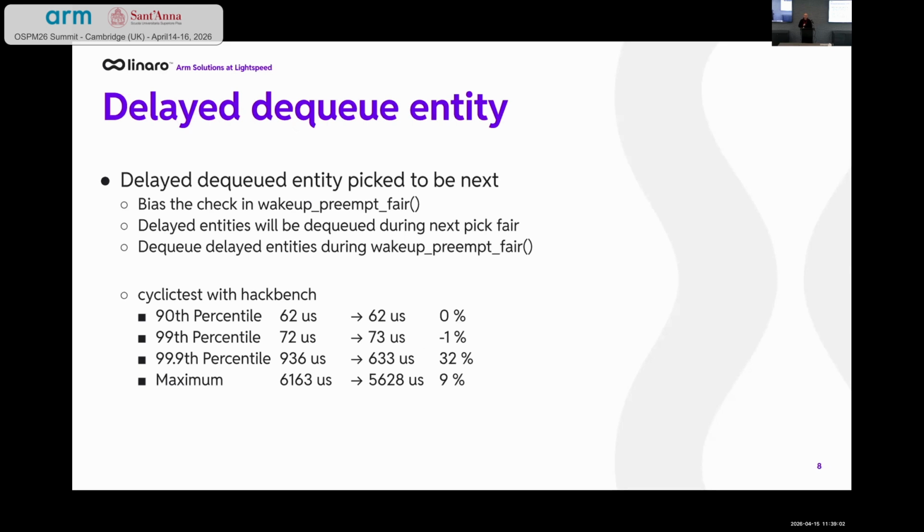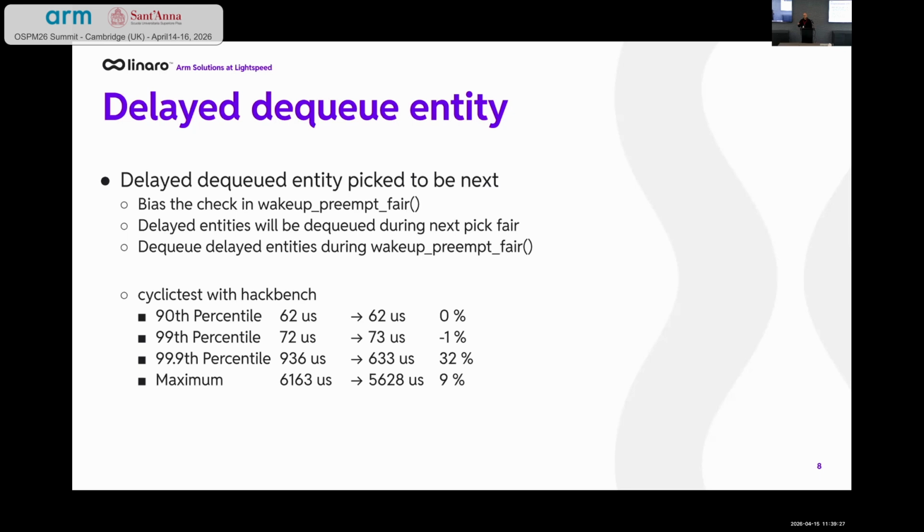The next one, the delayed DQ entity. There are also some situations. When a task wakes up with a short slice, or a shorter slice than the running one, we look if we will be picked. And in this case, we just set the need reschedule, and the goal is to be picked.